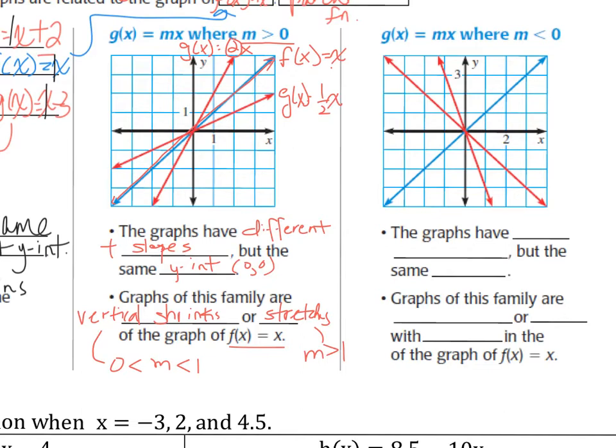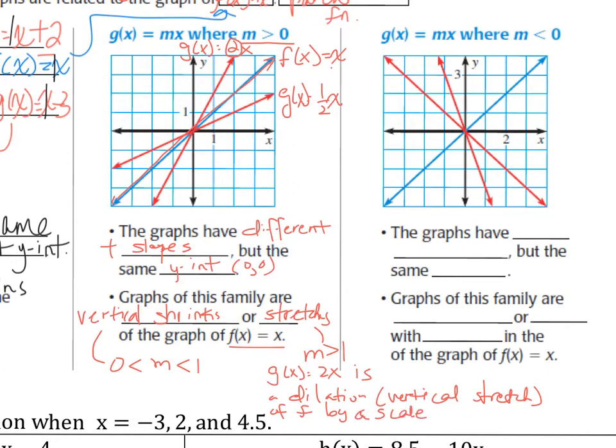And we can describe this as g of x equals 2x is a dilation or vertical stretch of the function f by a scale factor of 2.